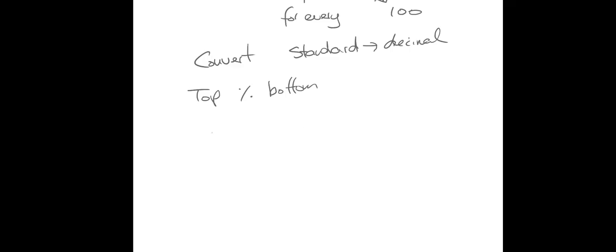So let's have a look at an example. So 1/5. Okay, and I want to convert that into a decimal fraction. Well, I'm just going to bring up the calculator.